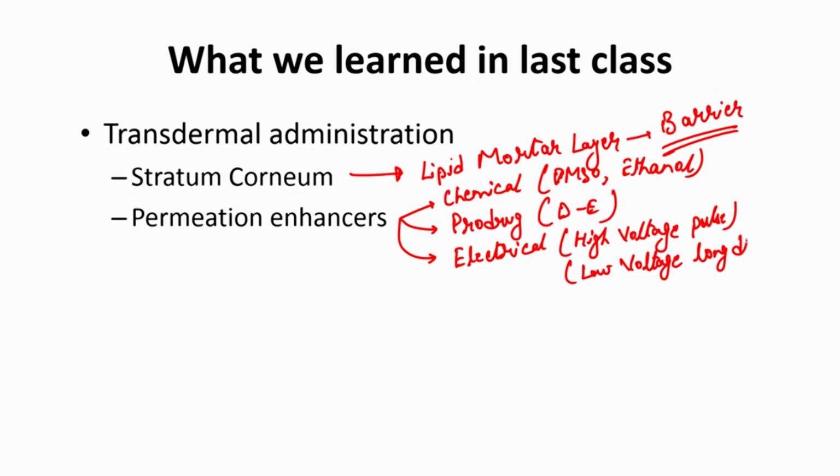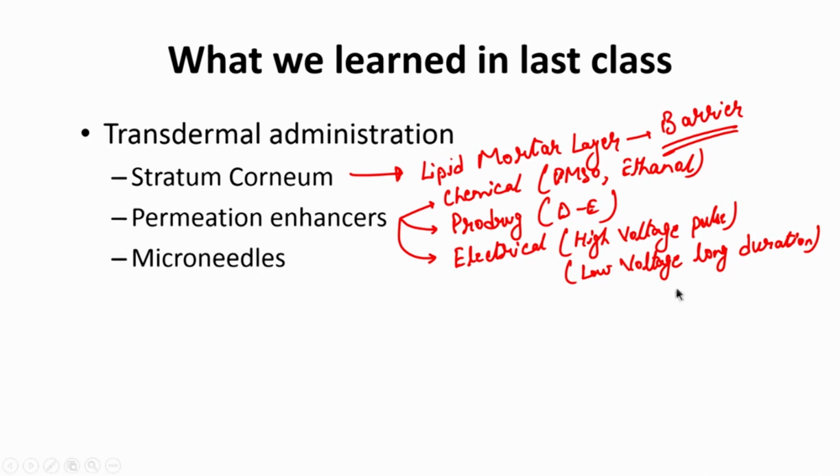And then apart from that, we also discussed several other methods such as laser based damage to the stratum corneum, ultrasound based damage to the stratum corneum. But with all of this, there is a risk that we may expose the skin to several pathogens. It should be done in a sterile environment and should be very transient, and there is always some risk involved in these cases. We also talked about bombardment as well when we talked about permeation.